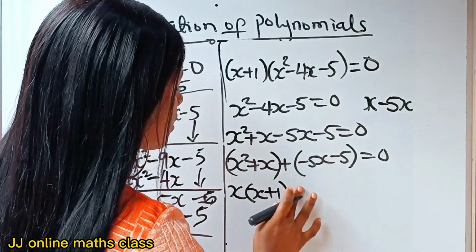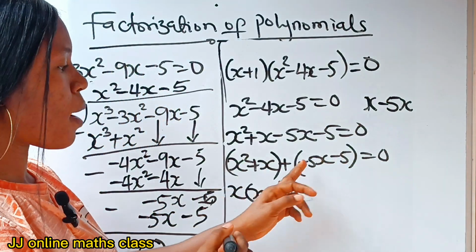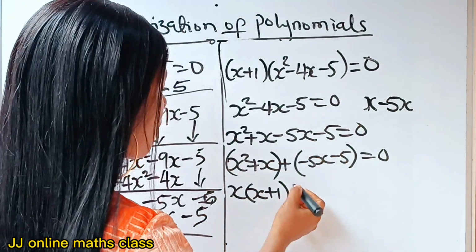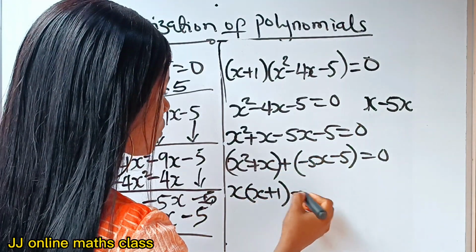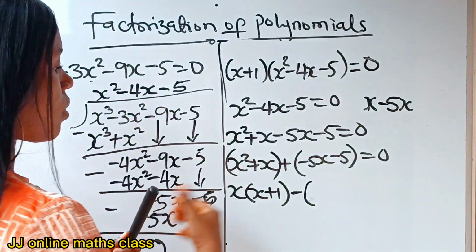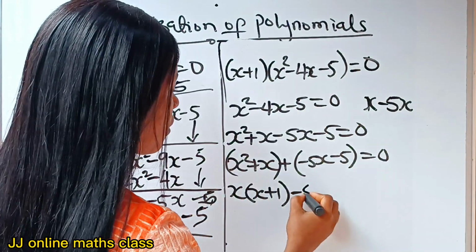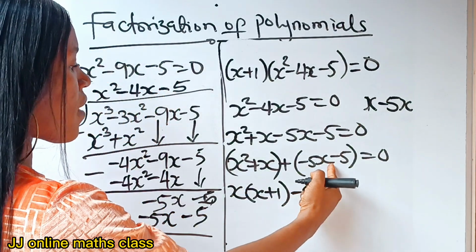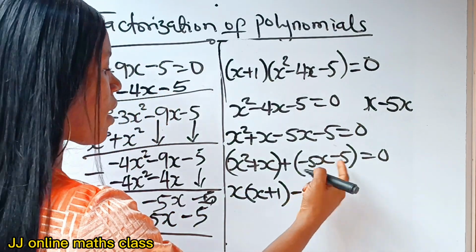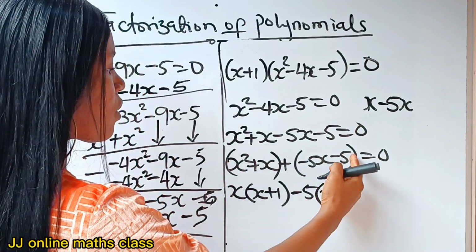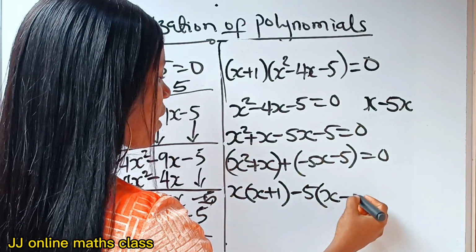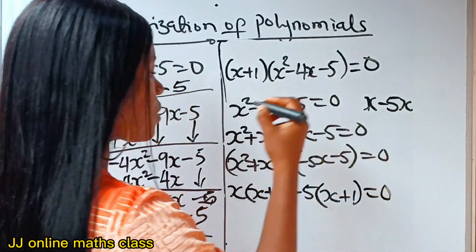In this case, what they have in common here is minus 5. So minus times this plus is minus, so we have minus 5 here. Now, minus 5x divided by minus 5, we have x remaining. Minus 5 divided by minus 5, we have plus 1, is equal to 0.